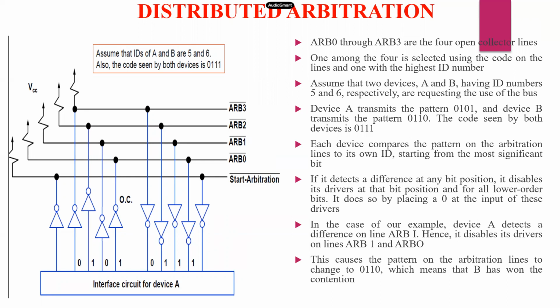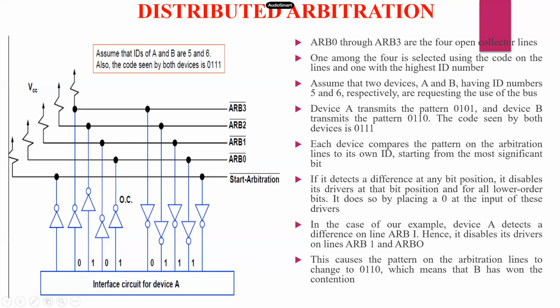Assume that there are 2 devices A and B having ID numbers 5 and 6 respectively, requesting the use of the bus. Device A transmits the pattern 0101 because the binary number of 5 is 0101. Device B transmits the pattern 0110 because the binary number of 6 is 0110. The code seen by both devices is 0111.